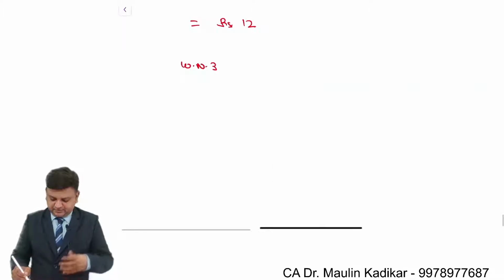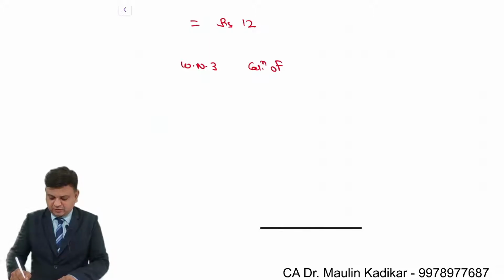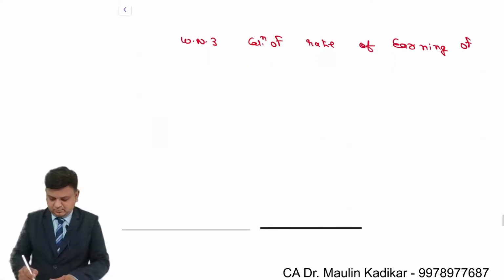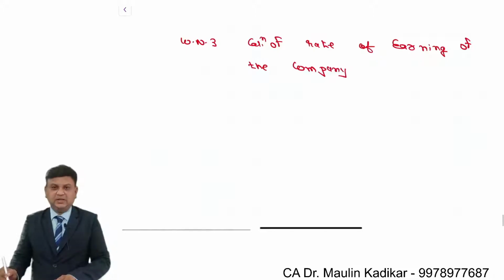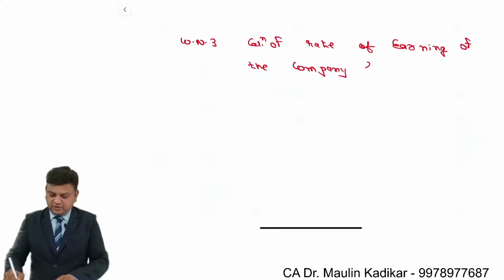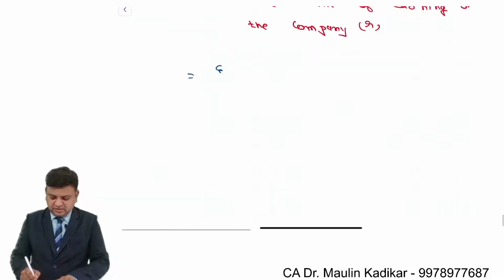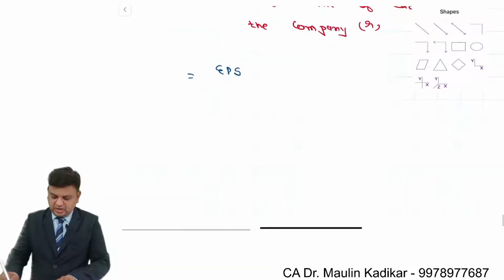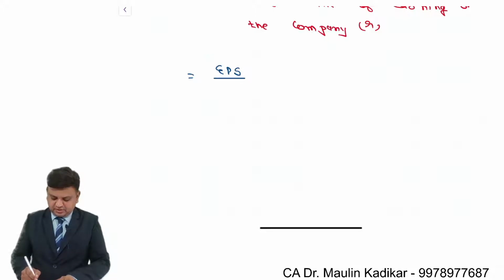Working note number 3. Calculation of rate of earning of the company. Dear students, we can compute the rate of earning of the company as earning per share upon market price of the share into 100.